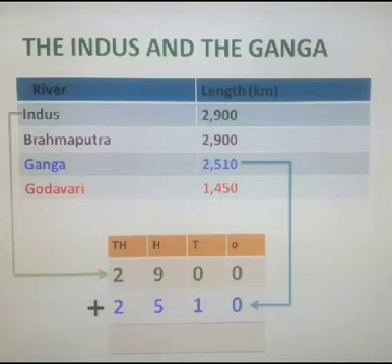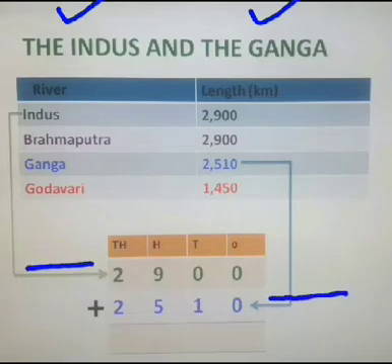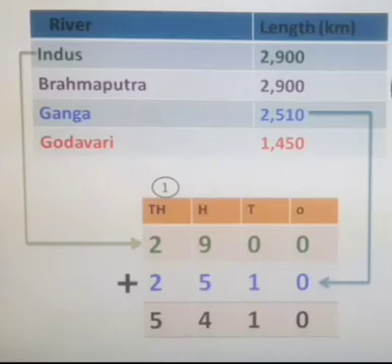Children, let us find out the length of first group of rivers, that is the Indus River and the Ganga River. For that, first we will write the length of both the rivers in their correct place value columns. Here, the length of the Indus River is 2900.